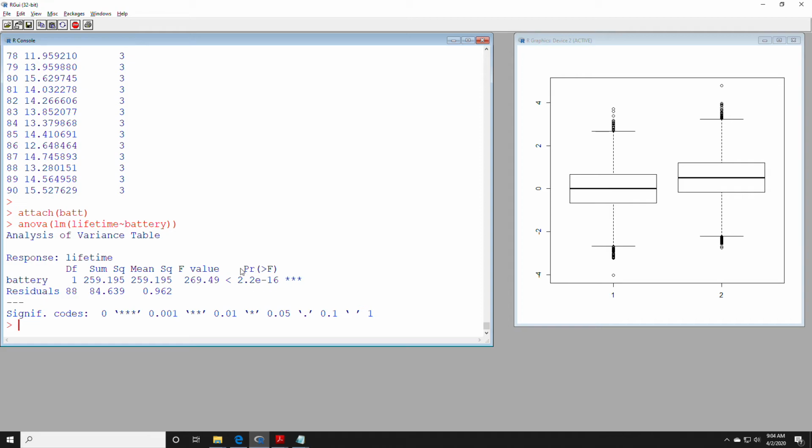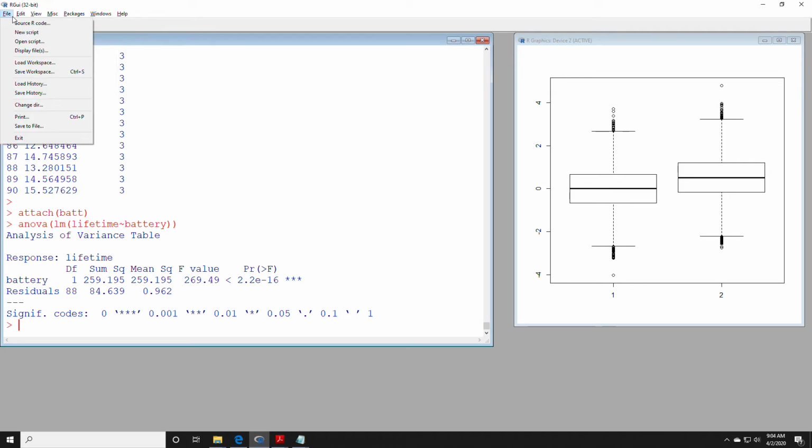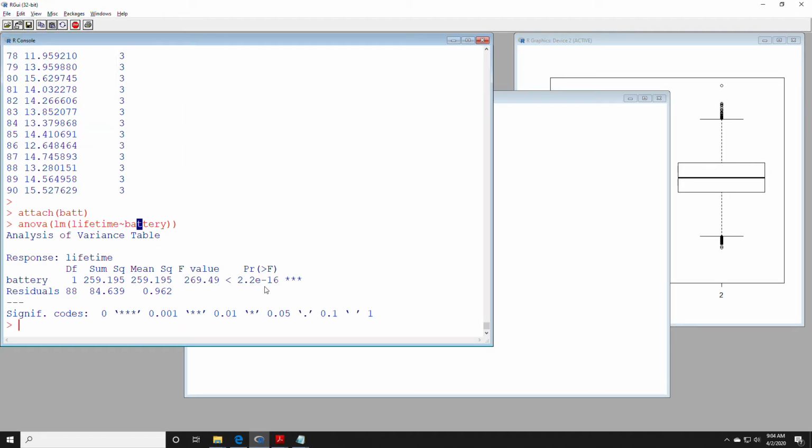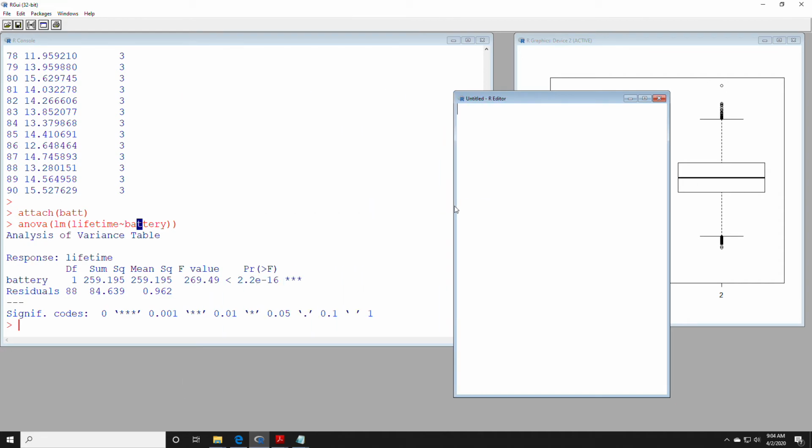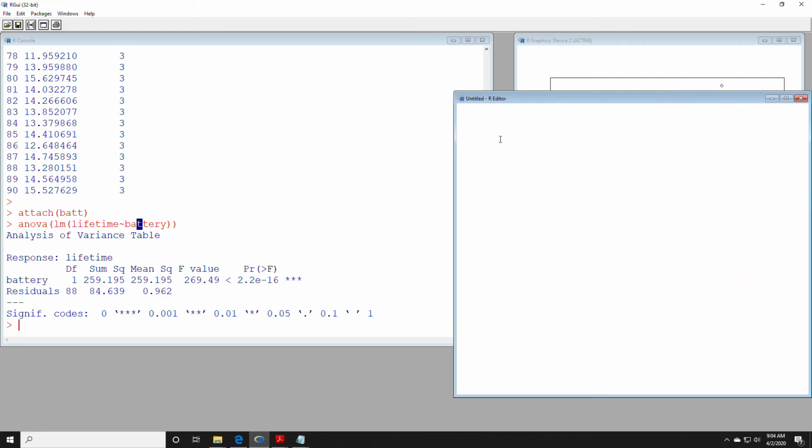And so our p-value, right, is 2.2 times 10 to the negative 16th, which is just basically 0, right? So of course, just to reemphasize here, the null is that the mean lifetimes are equal for the three types of batteries.